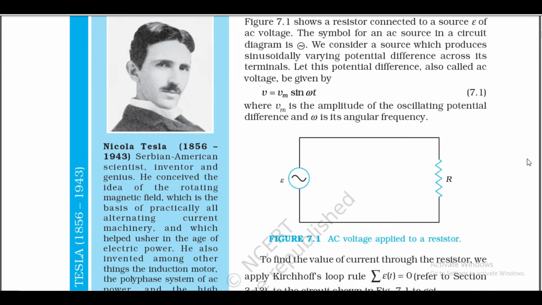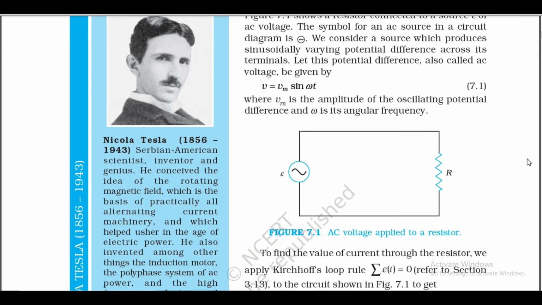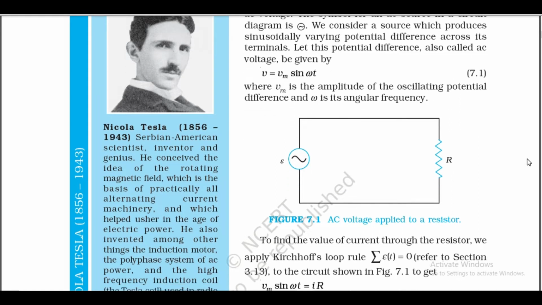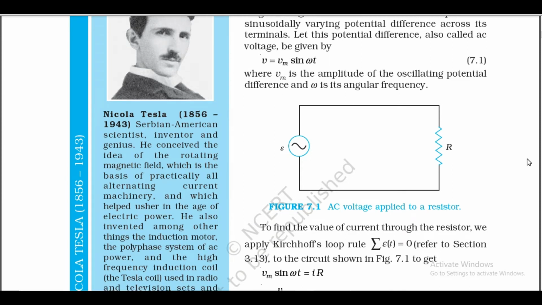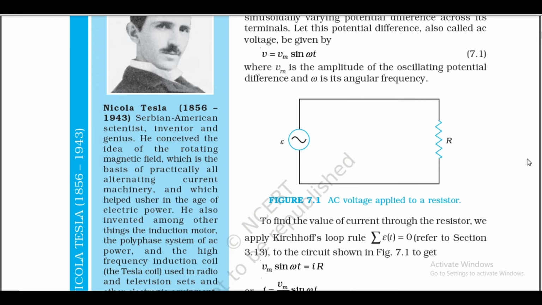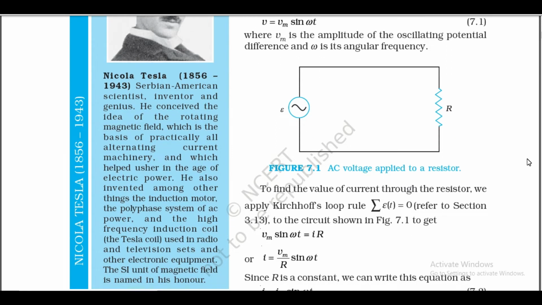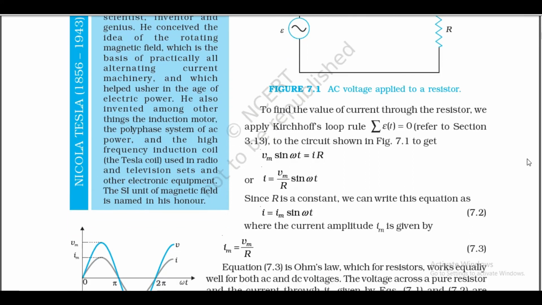Let this potential difference, also called AC voltage, be given by v = vm sin omega t, where vm is the amplitude of the oscillating potential difference and omega is its angular frequency. Figure 7.1: AC voltage applied to a resistor.